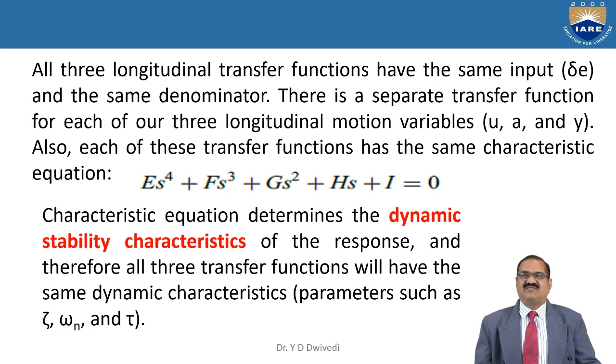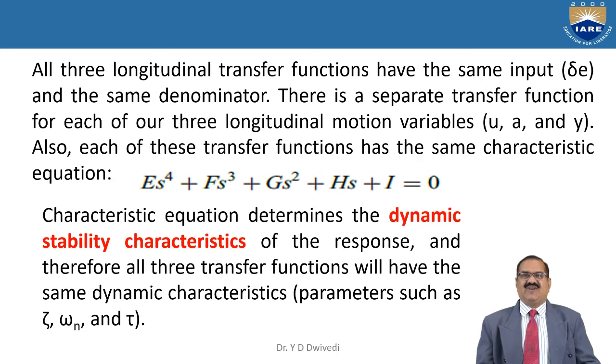Also, each of these transfer functions has the same characteristic equation, and this equation is E s to the power 4 plus F s cubed plus G s squared plus H s plus I is equal to 0.